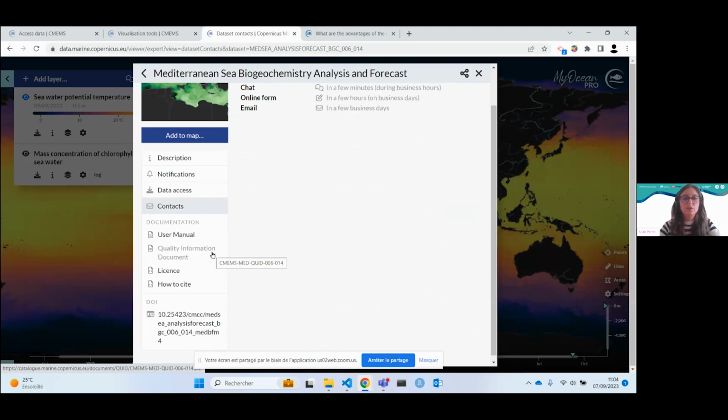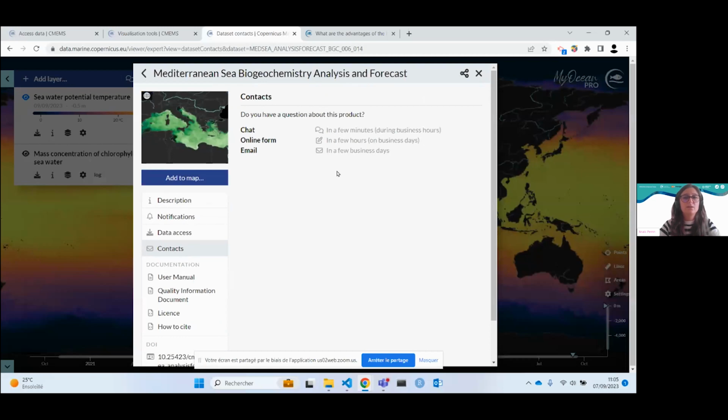The quality information document provides all the more scientific information or information relating to the mode of data acquisition. If you like the product, you can share it using the share icon here on the top right. And this button allows you to copy the URL address of the product.